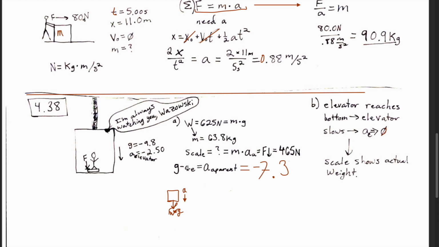As that acceleration approaches 0, the apparent acceleration grows closer and closer to gravity, which means you just put gravity's magnitude in for this equation here, which is just mass times acceleration, and you'll find the actual weight of the person. So the scale shows the actual weight.